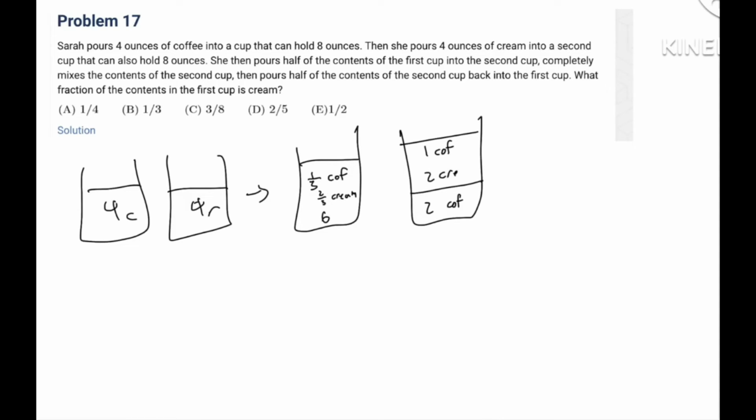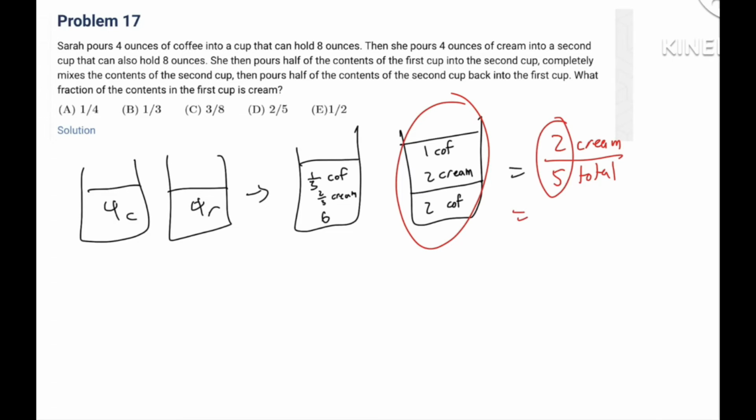So 2 ounces cream. What fraction of the content in the first cup is cream? So it's basically asking for this one. So it's 2 cream over the content of the first cup, which is 1 plus 2 plus 2. So it's 5. So it's 2 over 5, which is D.